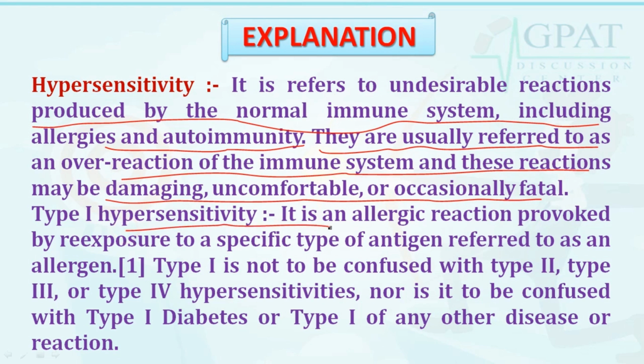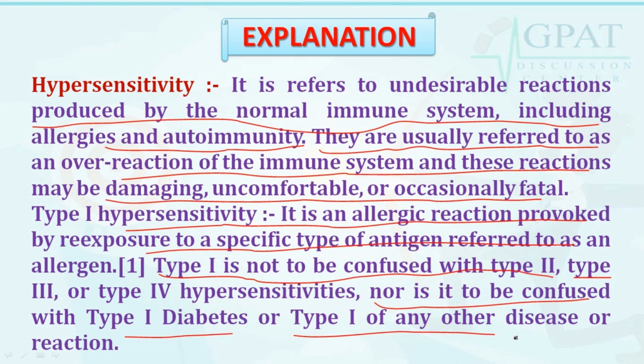Type 1 hypersensitivity is an allergic reaction provoked by exposure to a specific type of antigen referred to as an allergen. Type 1 is not to be confused with type 2, type 3 or type 4 hypersensitivity, nor is it to be confused with type 1 diabetes or type 1 of any other disease or reaction.